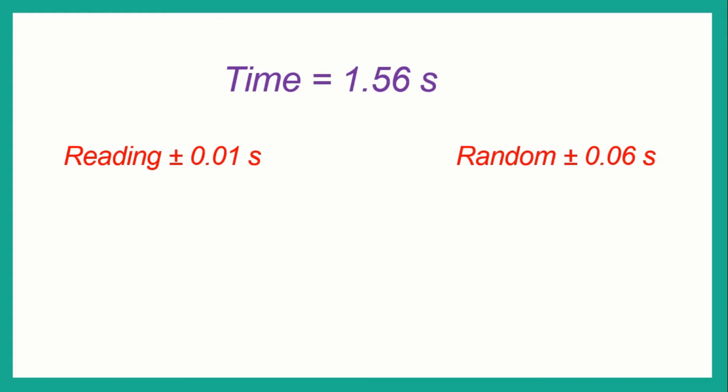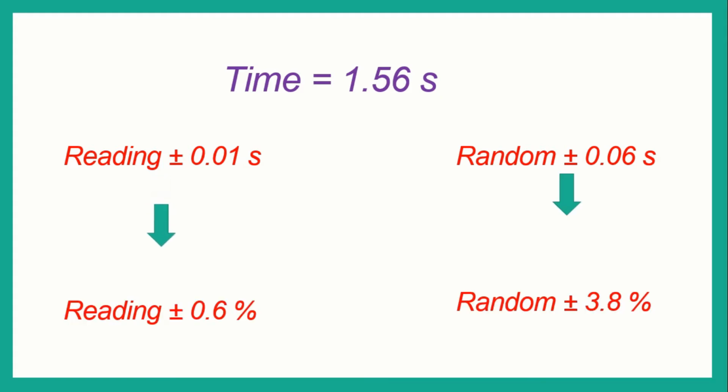Well, to do this, we need to convert both the reading uncertainty and the random uncertainty into percentage uncertainties. Converting the reading uncertainty, it becomes 0.6%, and the random uncertainty becomes plus or minus 3.8%. Having done this, we can see that the 3.8% is larger than the 0.6%.